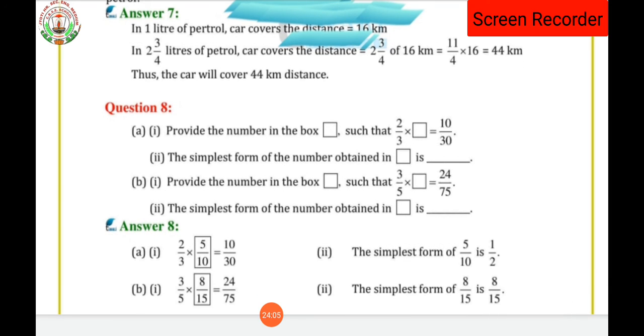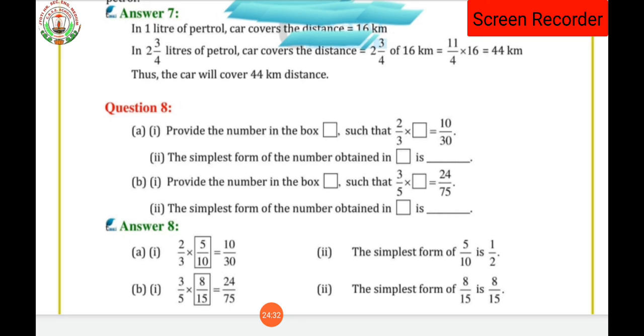Here the question is, provide the number in the box such that 2/3 into dash to get 10/30. So that number is, what is the number? It will be 5/10. Simplest form of the number obtained is 5/10, the simplest form will be 1/2.